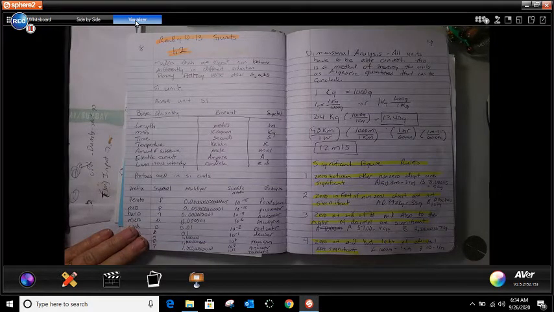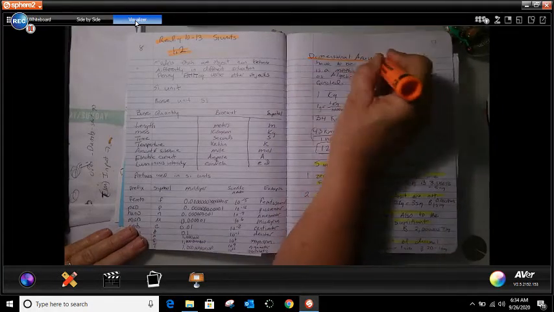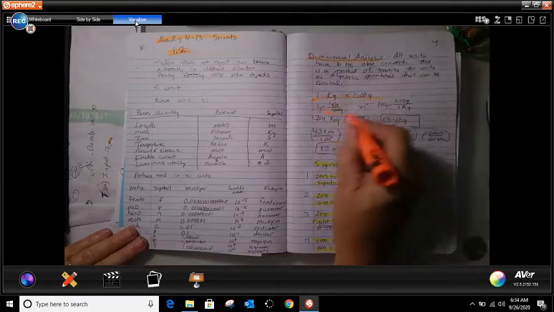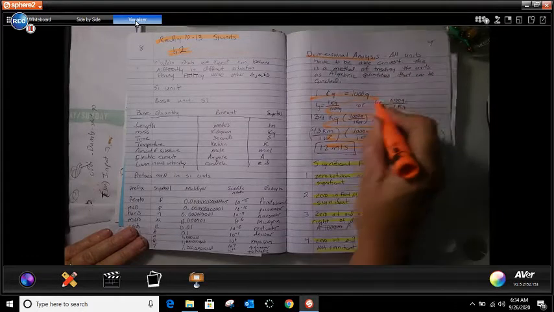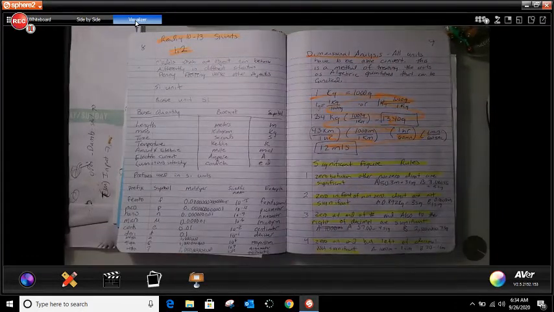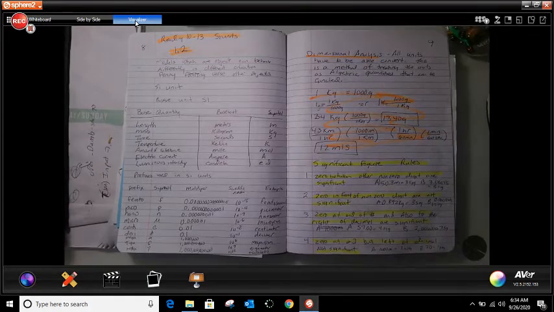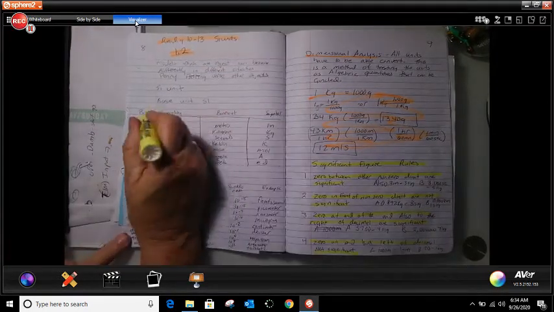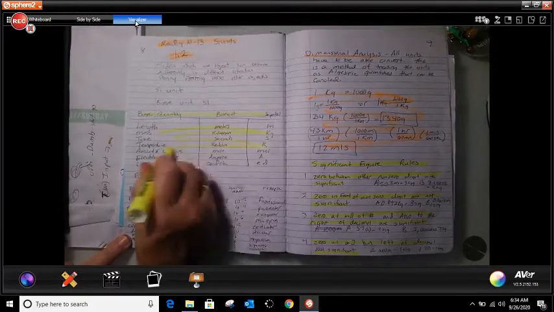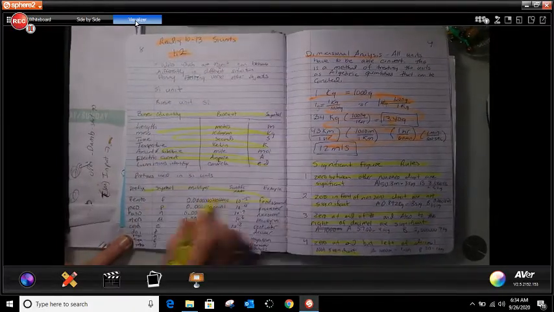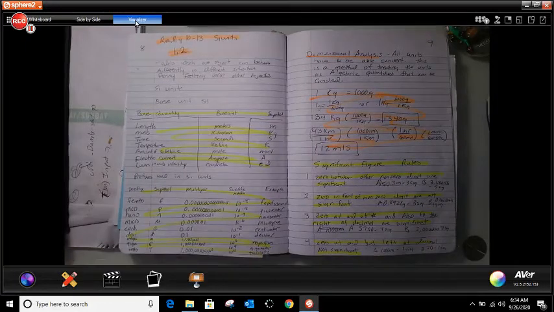I think the dimensional analysis also needs to be highlighted so it pops out at you. I would also highlight my SI units on the left-hand side and these prefixes, because if you're trying to convert, you need to find these, and they have to be in your ISM book so you can find them easily.